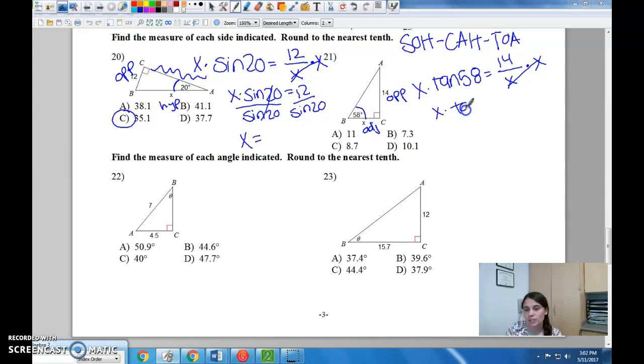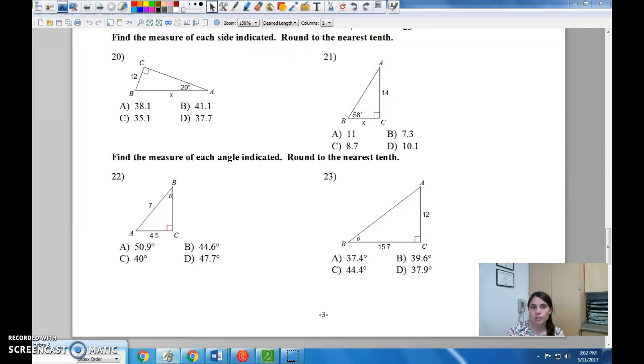So x times the tangent of 58 equals 14. And then to get x by itself, I divide by the tangent of 58 on both sides. So 14 divided by the tangent of 58 comes out to 8.7, which is C.